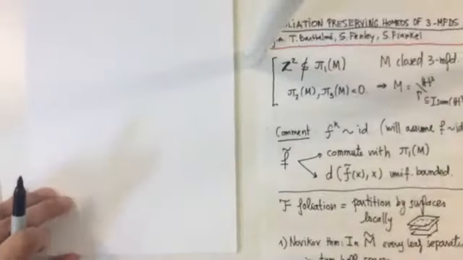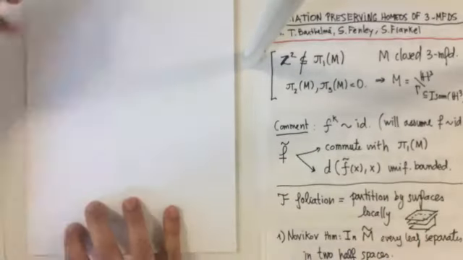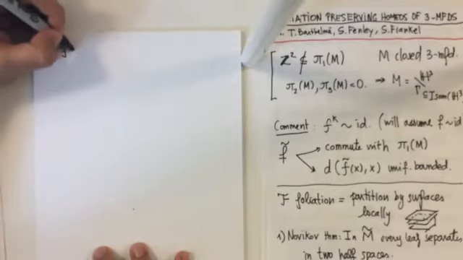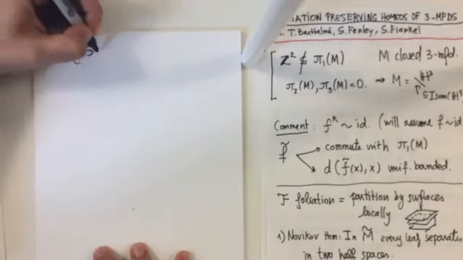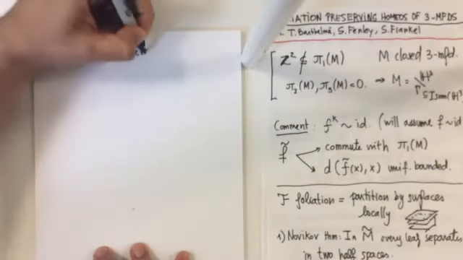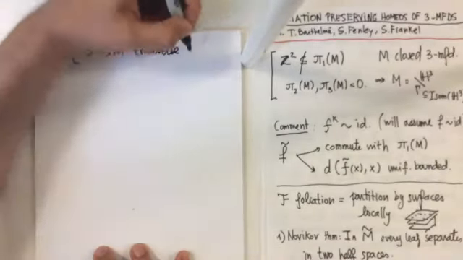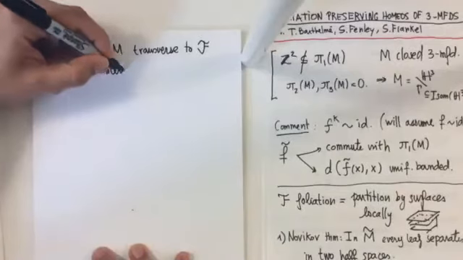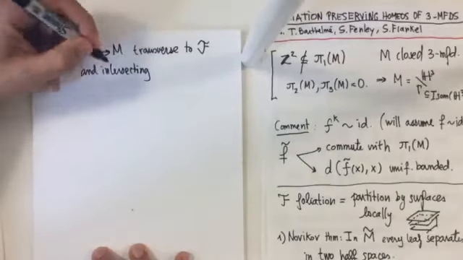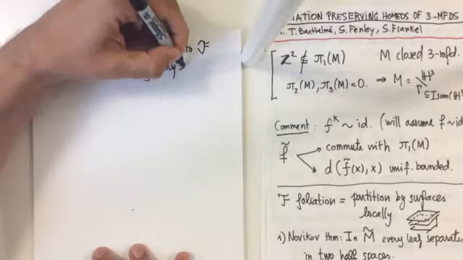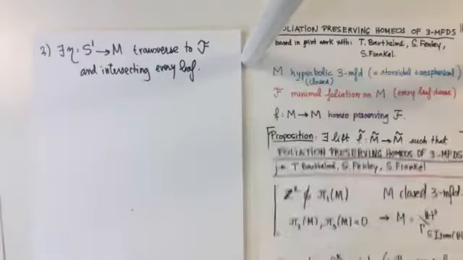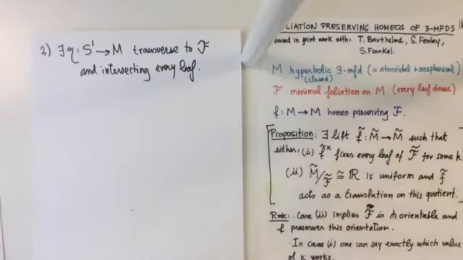And the second consequence I'm interested in is that there's a curve from S1 to M transverse to the foliation and intersecting every leaf. Okay, so these are the two important things I will use about this hypothesis, that the foliation is minimal.